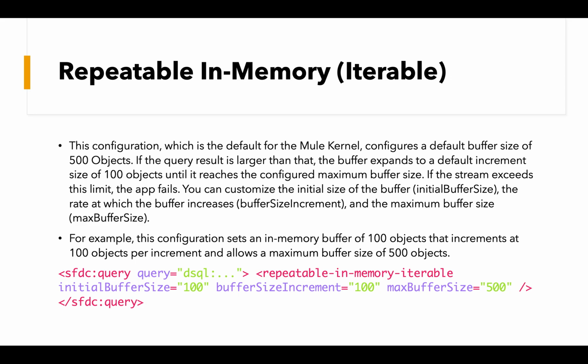Now, this is talking about in-memory. The idea here is if the query result is larger than the specified buffer size, then the buffer expands by the default increment size of 100 objects in this case until it reaches the maximum buffer size. Even if it crosses this maximum buffer size, the application will fail. So you can customize the initial buffer size, increment and max buffer size.